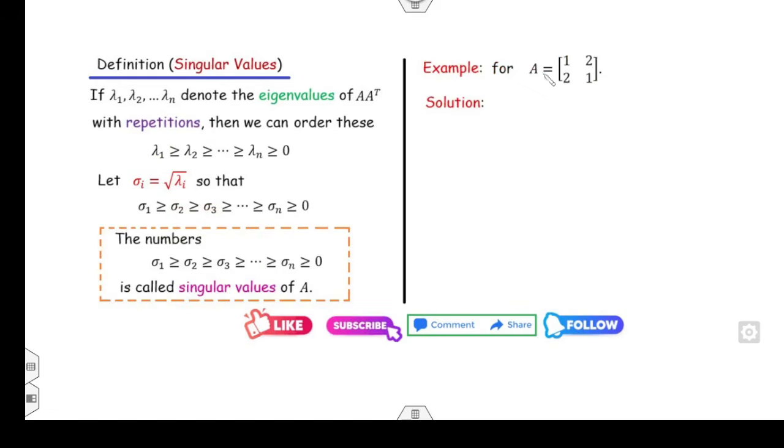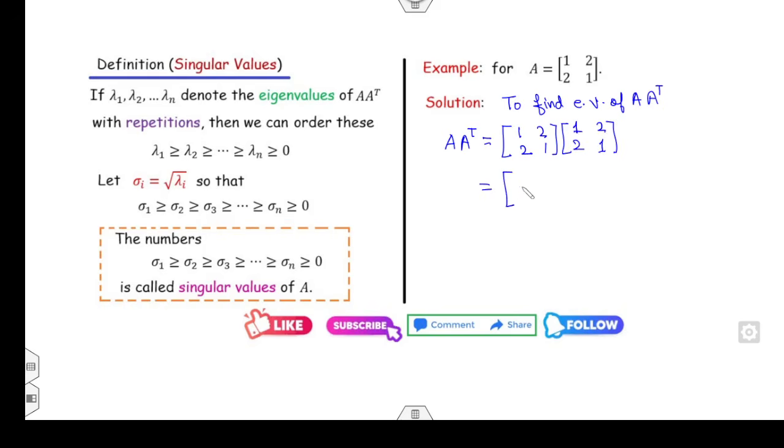So for example, if I consider A as [1, 2; 2, 1], how can you find the eigenvalues of A into A transpose? Firstly, let's find A into A transpose: [1, 2; 2, 1] times its transpose [1, 2; 2, 1]. This matrix will be 1 plus 4 is 5, 2 plus 2 is 4, 2 plus 2 is 4, 4 plus 1 is 5.